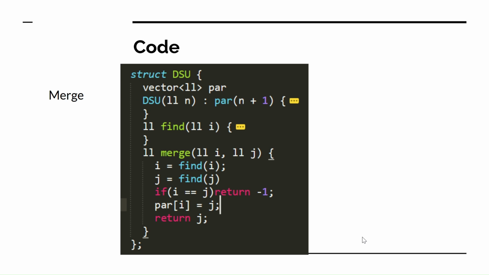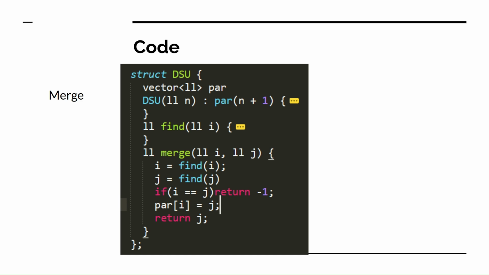Okay. Next, we need a merge function. As we know, it is going to merge the two trees having nodes i and j. So let's see the code. For the given two nodes i and j, for i we find its root node and update i. That is, for i, we find the root of the tree it belongs to and update i. Similarly for j, we find its tree's root and update it.